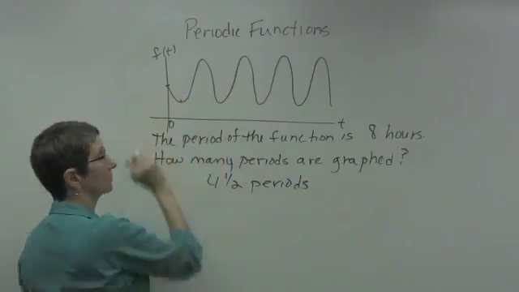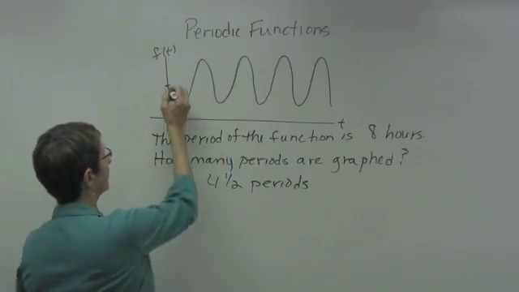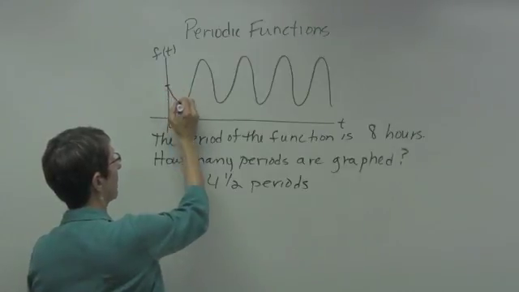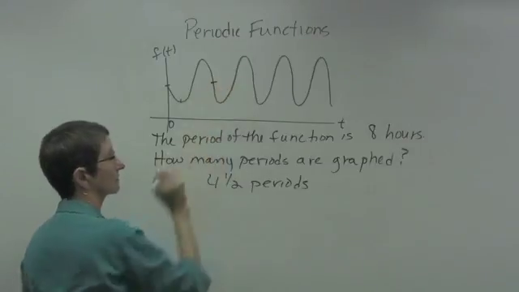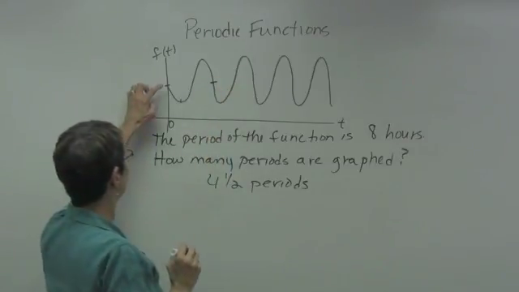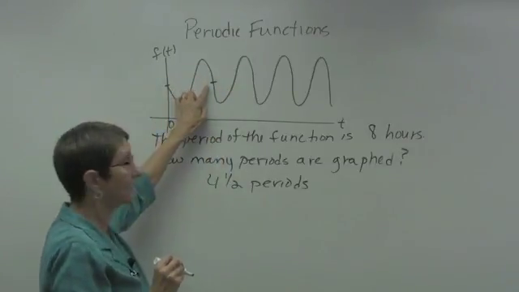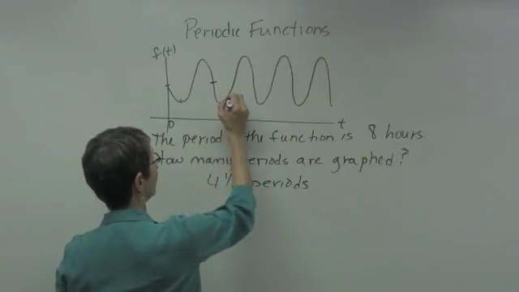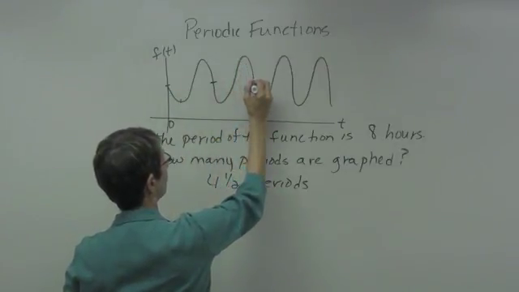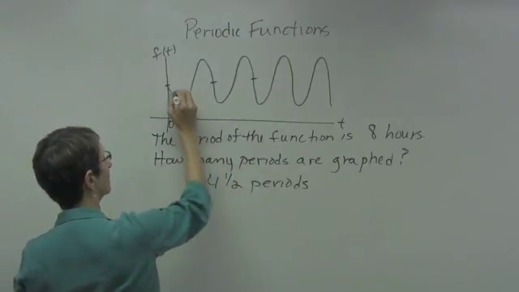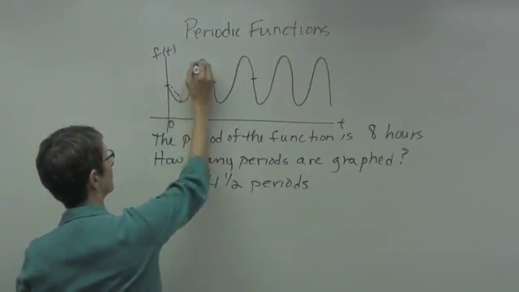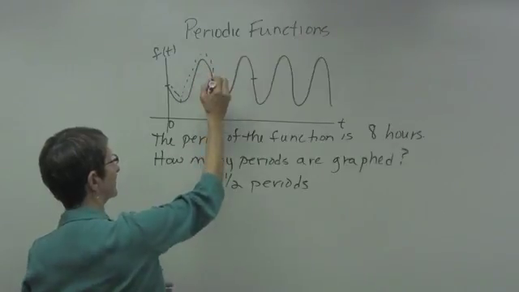Let's start here and go from here up to when it hits that point and begins to repeat, which would be here. Okay? So this would be 1 period. And again, to here where it begins to repeat going down. See, it goes up, goes down, and then up, and then down, and then it starts to repeat.